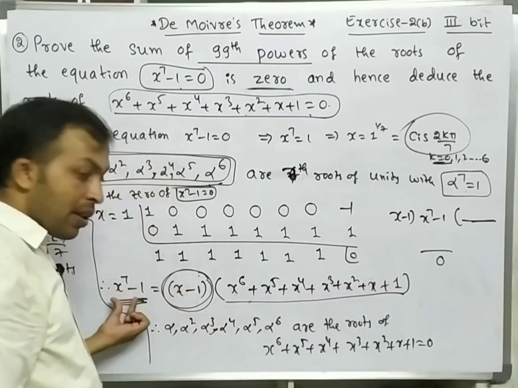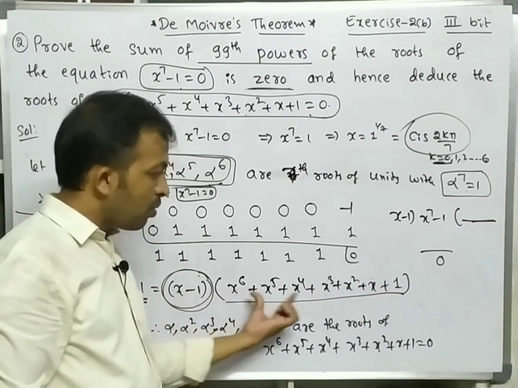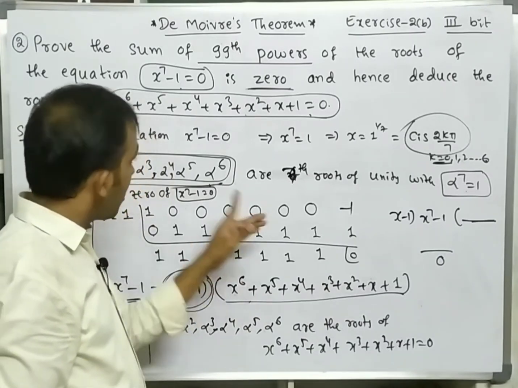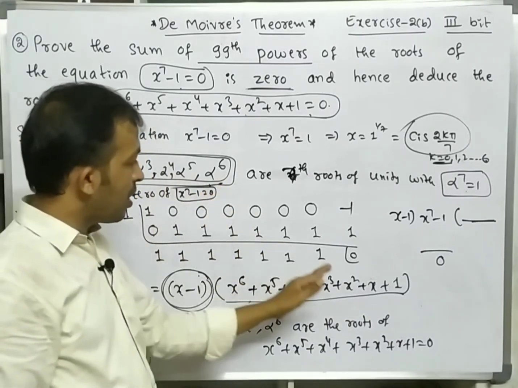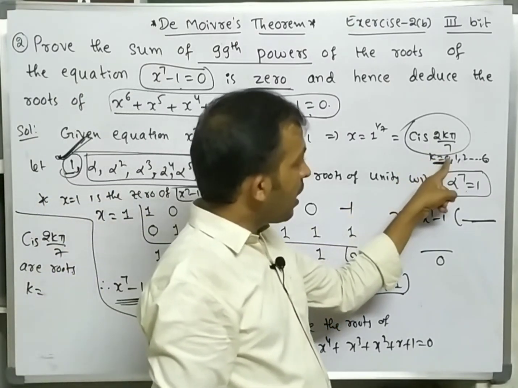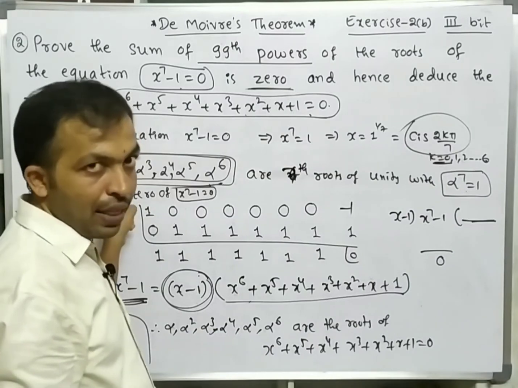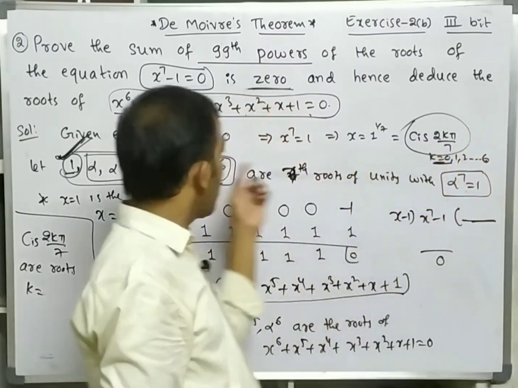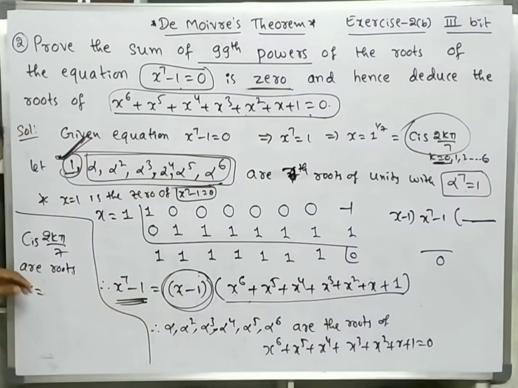So x power 7 minus 1 is equal to x minus 1 into this one, no? So therefore 1 is the root of this factor, and the remaining alpha, alpha square, alpha power 6 are the roots of this equation. By taking k is equal to 0 we will get 1. By taking k is equal to 1, 2, 3, 4, 5, 6, the remaining we will get alpha, alpha square, alpha cube, up to alpha power 6.